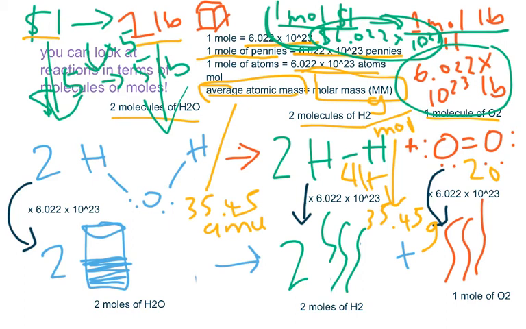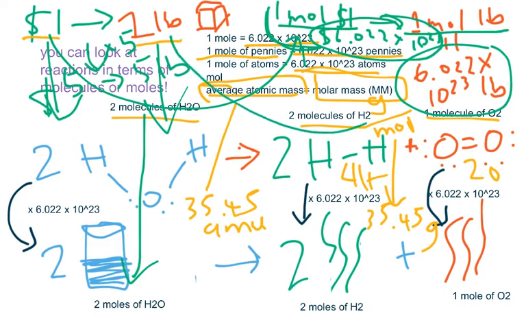Well, of course. So we can scale up this reaction. So instead of having just small molecules reacting, we can scale this up to very big things. So if we multiply everything by 6.022 times 10 to the 23rd, we are essentially converting molecules into moles, or in the example we just did, dollars into moles of dollars, or pounds into moles of pounds.